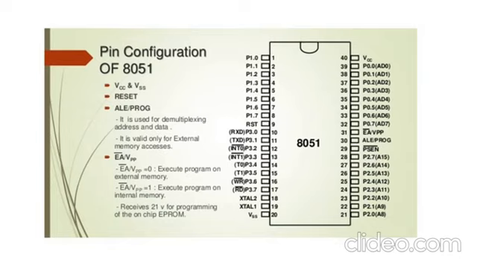Only then the ALE pin is also used, because when EA is 0 we are using external memory, and we want the address buses to be used, so ALE is used at that moment for demultiplexing the address and data buses. Whenever EA is equal to 1, the program is not executed from external memory, it is executed from internal memory.